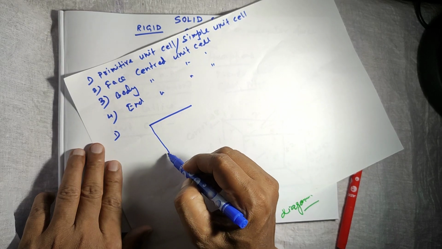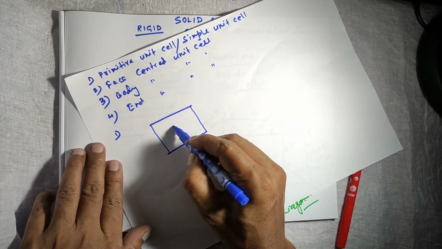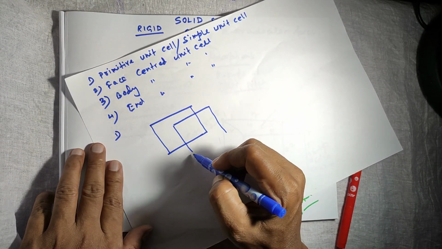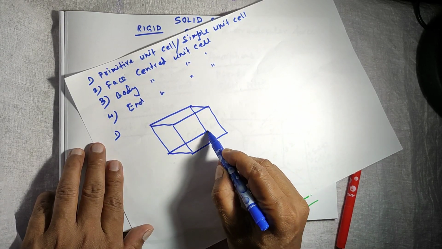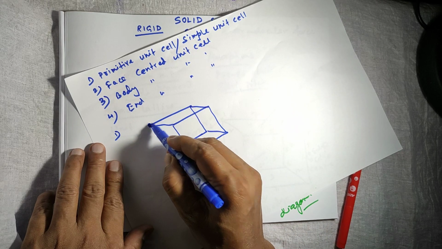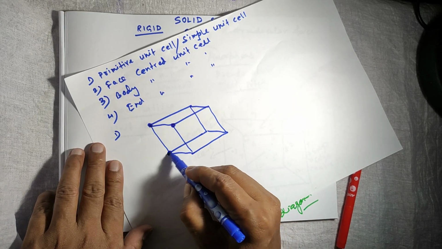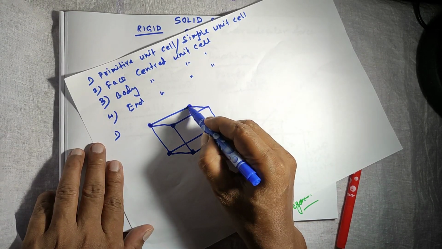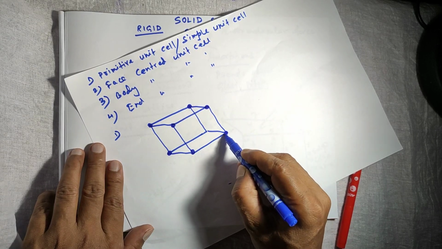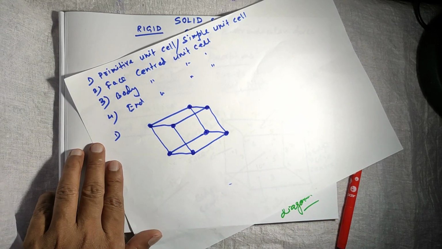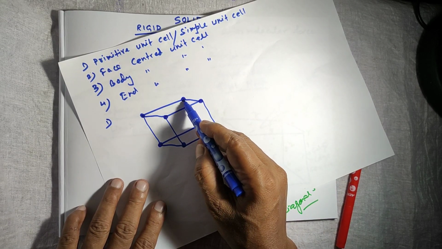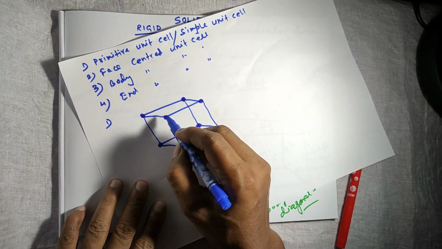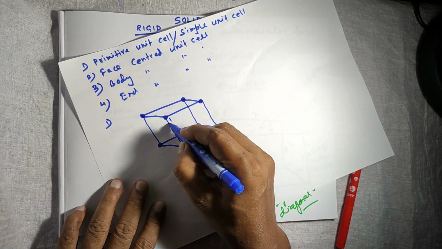In this case, the cell is like this, and there is an atom at each corner. The contribution of an atom per corner to this unit cell will be 1/8.